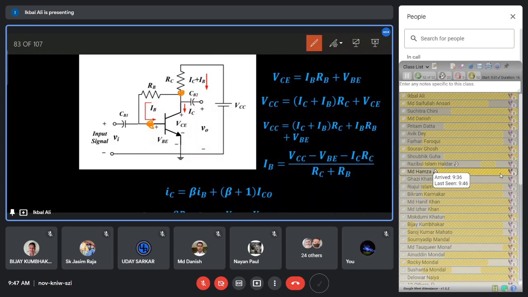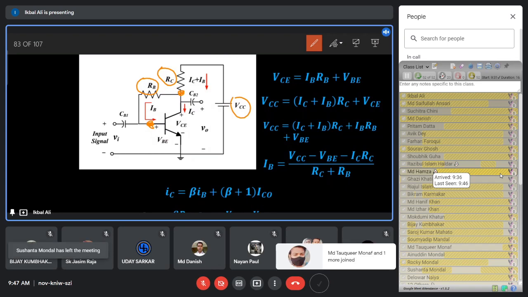If you set the biasing circuit properly, that means you have put the RB, RC, and VCC values properly. You have calculated this by the equations, and you have properly chosen the values and constructed the circuit. Then what will happen?